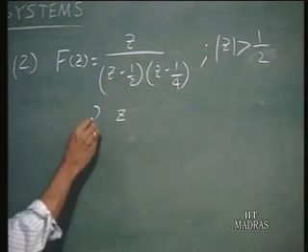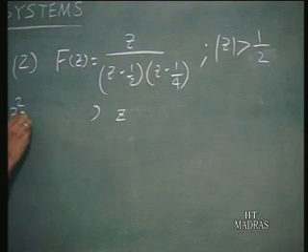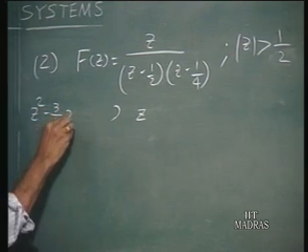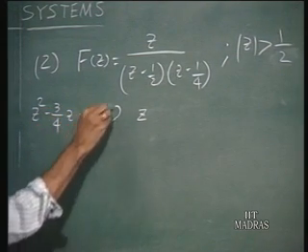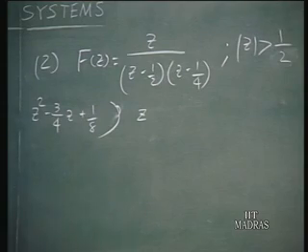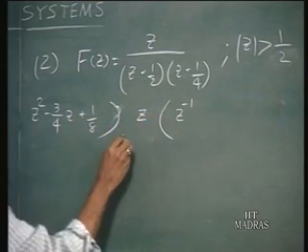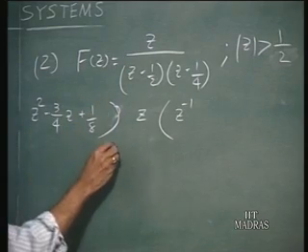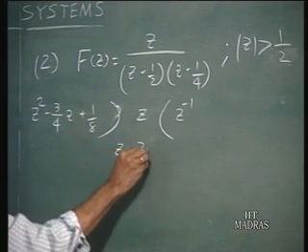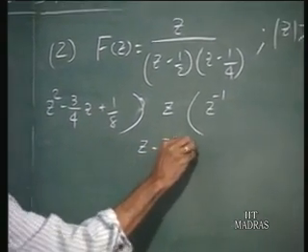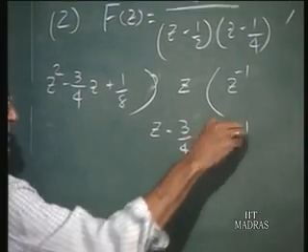So the denominator is z squared minus 3/4 z plus 1/8. So this we divide into z. So the first term will be z^-1. So z^-1 multiplied by this will become z minus 3/4 plus 1/8 z^-1.